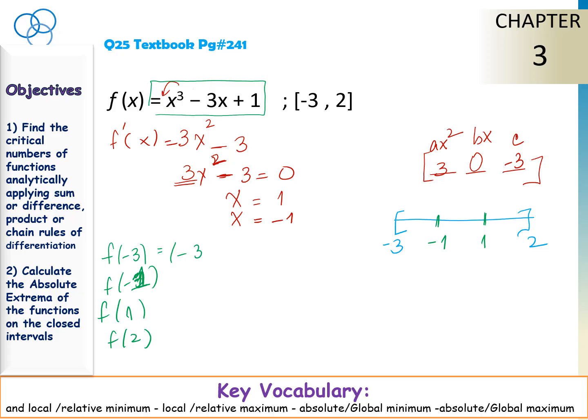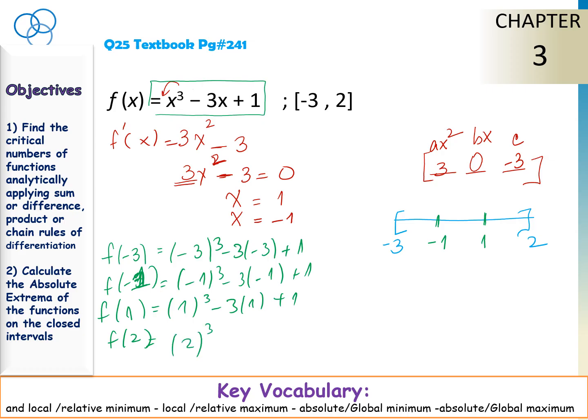So negative 3 whole cube minus 3 times negative 3 plus 1. Similarly, negative 1 whole cube minus 3 times negative 1 plus 1. Substitute 1 in the original equation, you will get 1 cube minus 3 times 1 plus 1. And now substitute the 2, you will have 2 cube minus 3 times 2 plus 1.